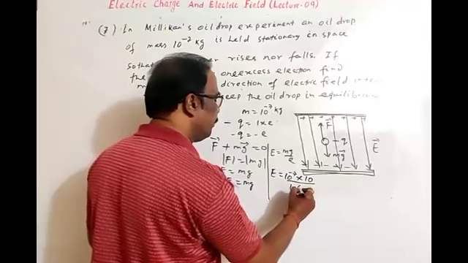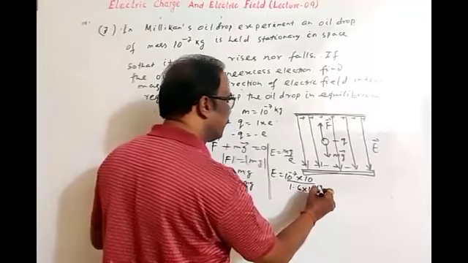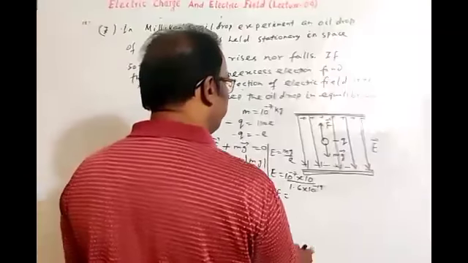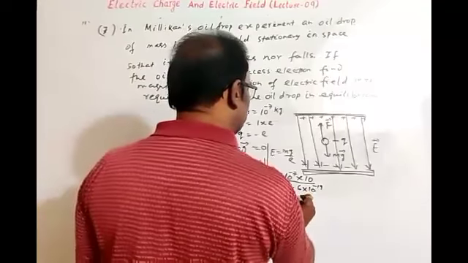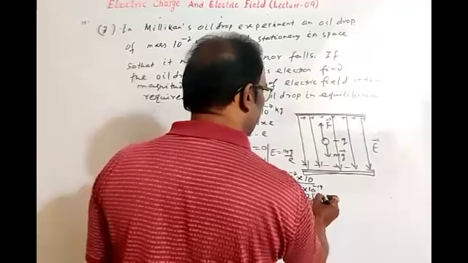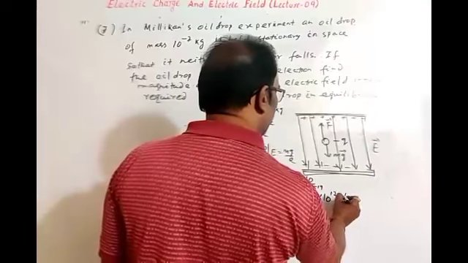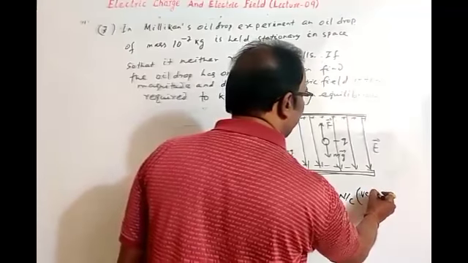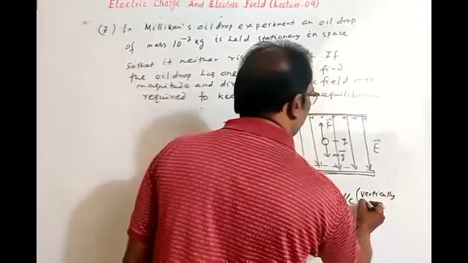Charge of electron is 1.6 into 10 to the power minus 19 coulomb, and solving it we will get the magnitude of electric field intensity 6.125 into 10 to the power 12 Newton per coulomb, and direction is vertically downward.